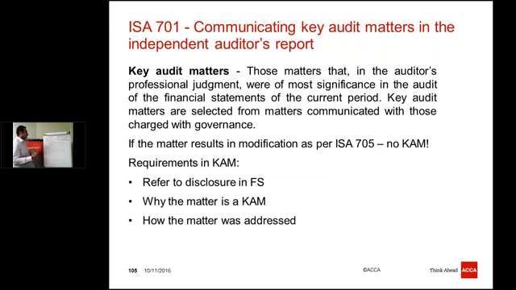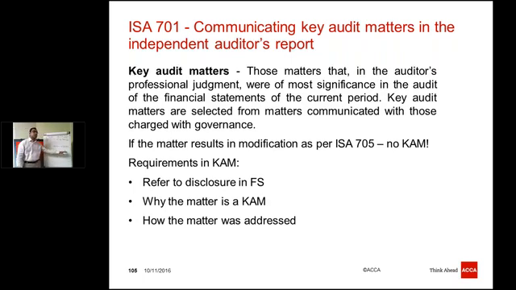So basically what happened was that ISA 701, when it came, necessitated certain changes to ISA 260. And ISA 260 is communication of matters with those charged with governance. So if you are to describe something as a key audit matter, that would be selected from amongst the matters that have been reported to those charged with governance.